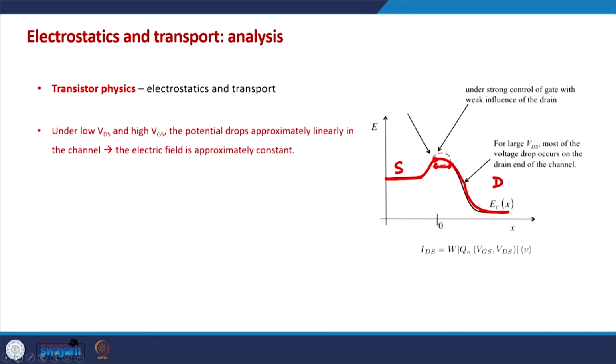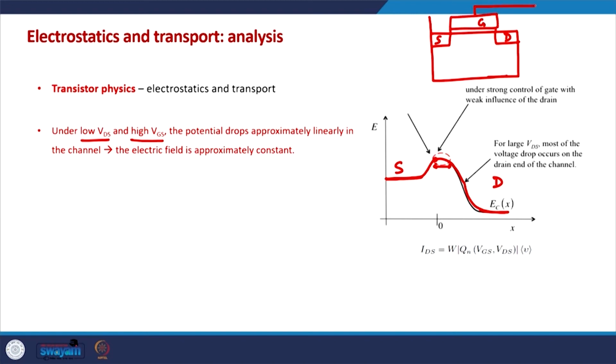One is that under low VDS, when the drain voltage is low and VGS is high, because of the high VGS the channel is there in the device, there is a layer of electrons in the device. So, if this is the MOSFET, this is source, this is drain, this is oxide, this is gate.